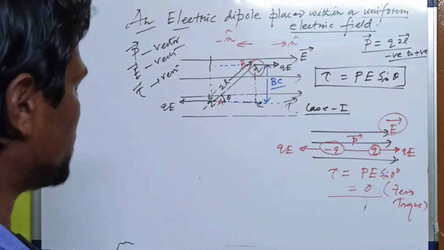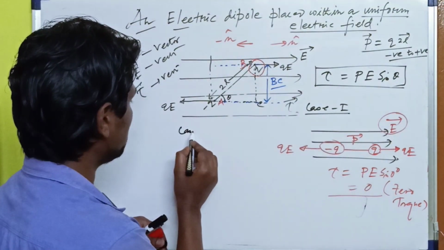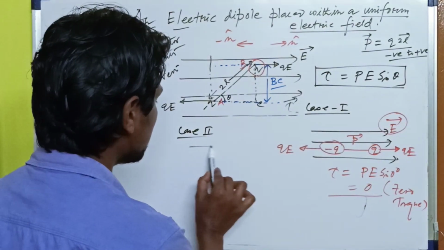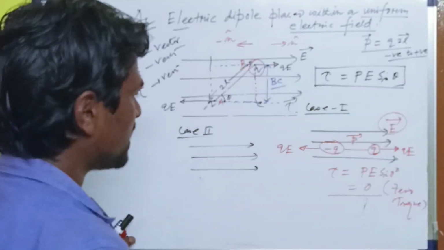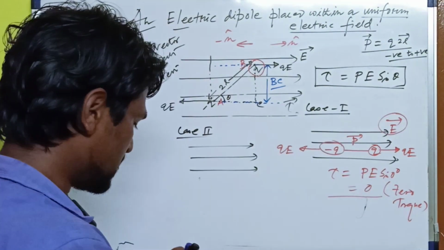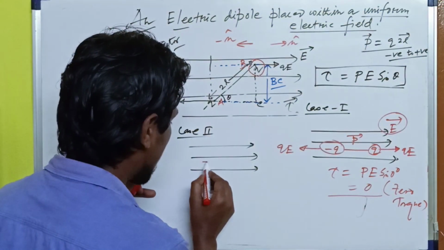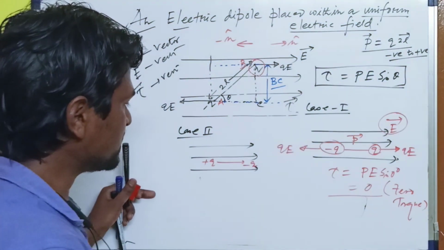Next, case number 2. This is the electric field, and the dipole is placed anti-parallel with the electric field. What is anti-parallel?